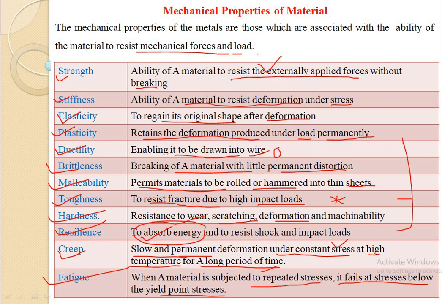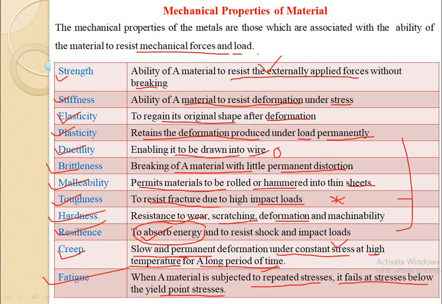So these are the mechanical properties of materials that we need to consider before choosing a particular material for a particular component: strength, stiffness, elasticity, plasticity, ductility, brittleness, malleability, toughness, hardness, resilience, creep and fatigue.